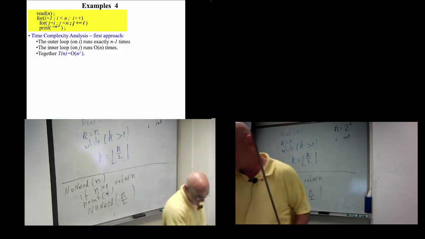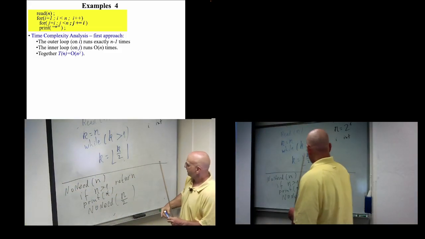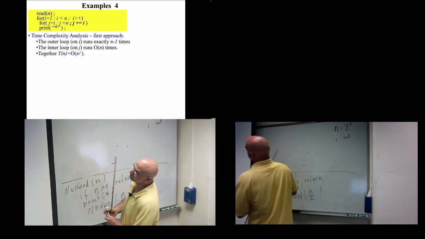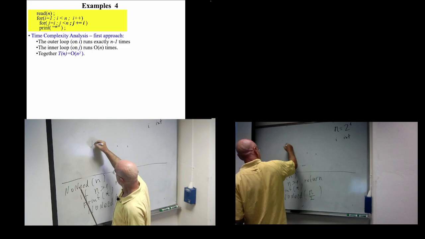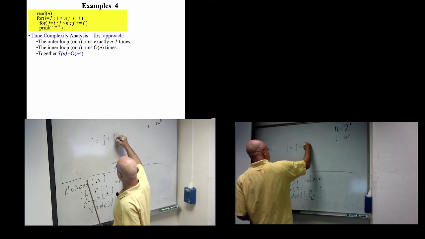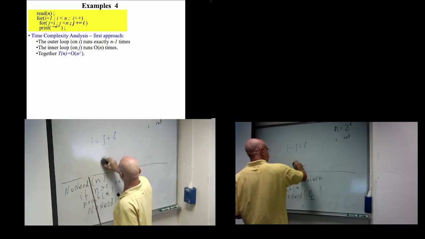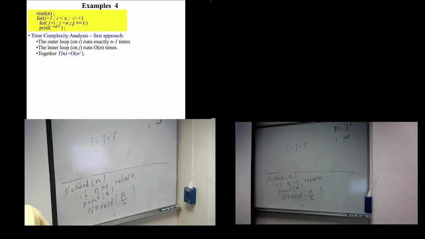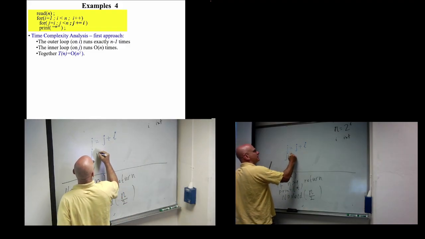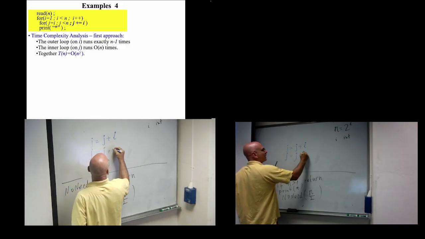Let's start when I replace this line by j equals j plus i, instead of j equals j plus 1, which is just a shorthand. Let's start by what is the running time when I write j equal j plus 1.